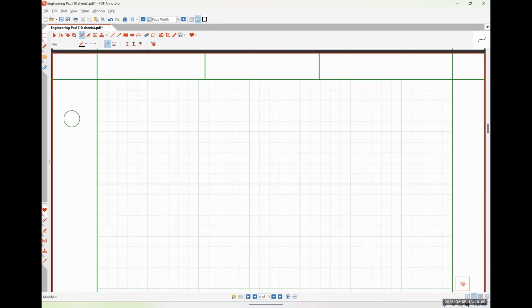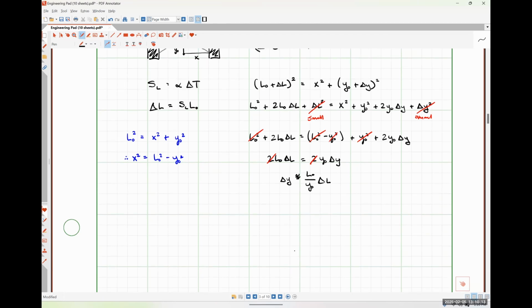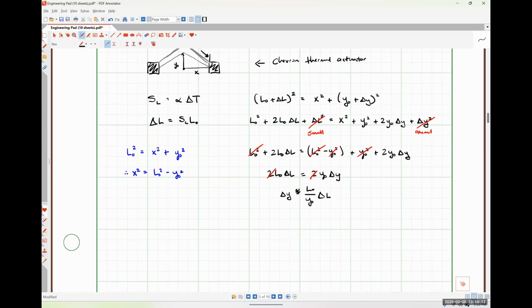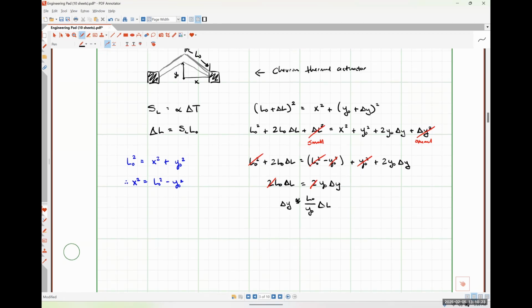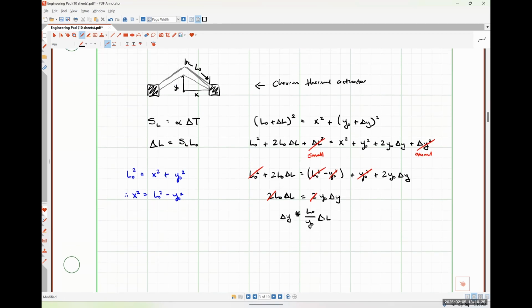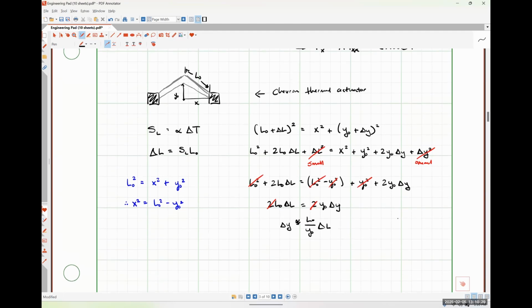Wait, so the bigger y naught is, the smaller delta y will be? Yeah, so I guess you need it to be less steep but non-zero. Hold on, let me check. L naught delta L. Yeah.